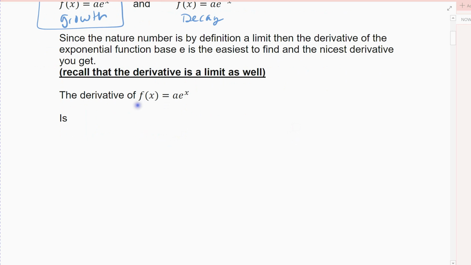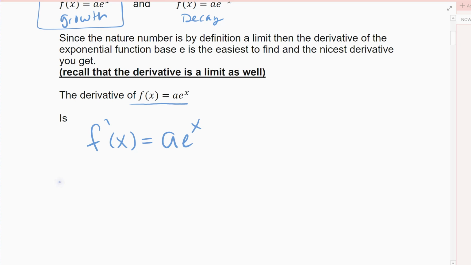Again, when I want to take the derivative of f of x, where a is just a real number value, and base e, our natural number, is raised to some variable x, when we take the derivative of that, it is the original expression. We say that exponential growth and exponential decay are models that grow at a rate proportional to their size.